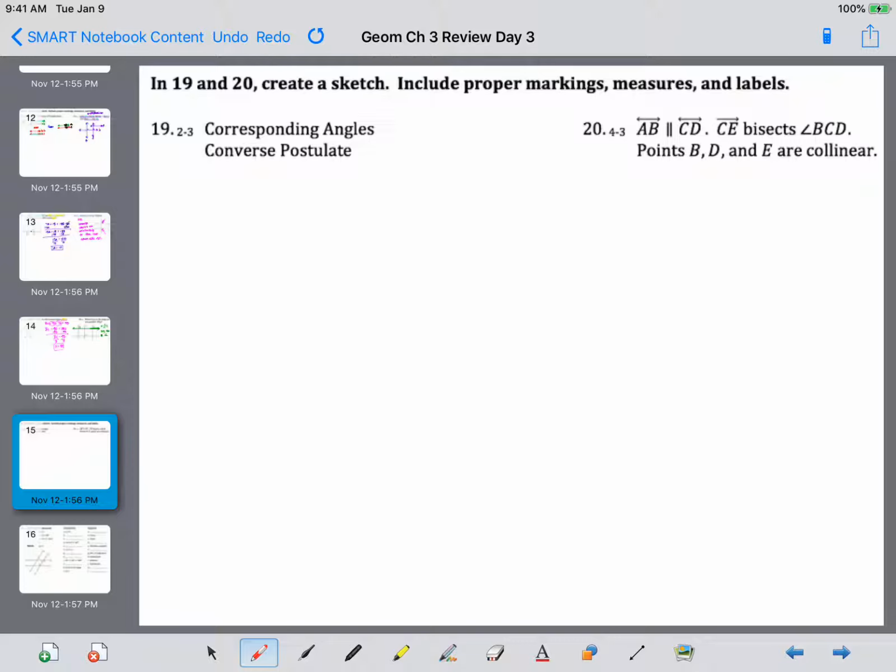If you look at the corresponding angles converse postulate, that's actually postulate 16, which tells you if you have two lines that are cut by a transversal, and say that you know this angle here is the same number of degrees as this angle here. This is an obtuse angle, so I'm going to say it's 110 degrees. And if I know this is also 110 degrees, then those two horizontal lines have to be parallel.